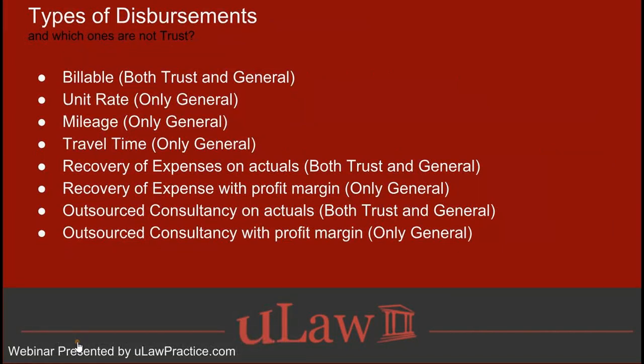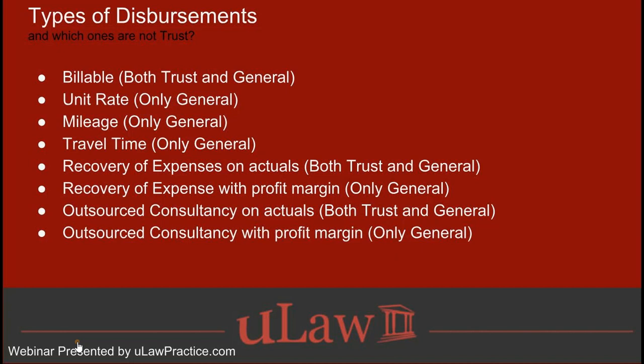Now here is a good example of some types of disbursements and some good candidates that you may want to keep in mind as you consider paying these disbursements from either trust or general. So traditionally, if you're looking at billables such as the court fee or application fee, we consider, as I said, both the trust and general accounts are very good candidates that you could use.